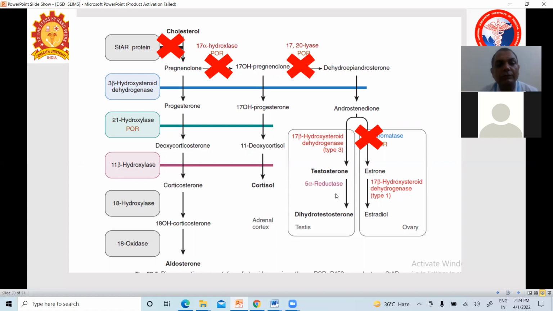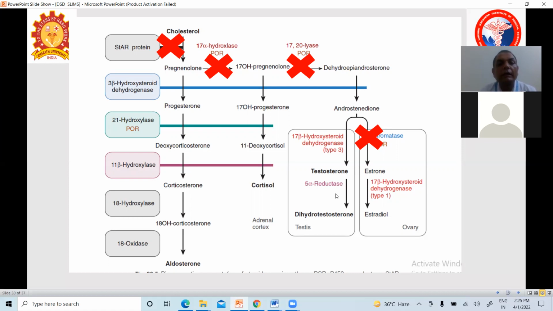The first 3 enzymes, like P450, 17 alpha hydroxylase, and 3 beta hydroxysteroid dehydrogenase, are found in the testis also, and all 5 enzymes are found in the adrenal cortex.